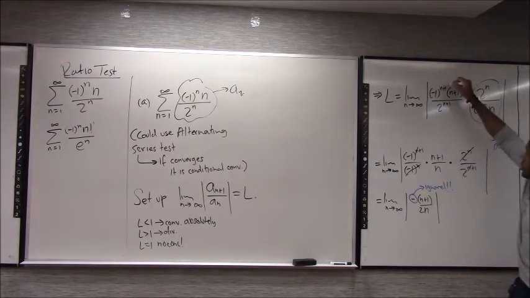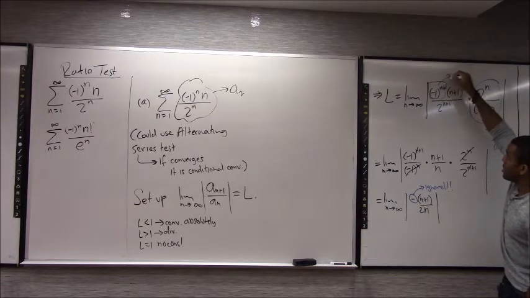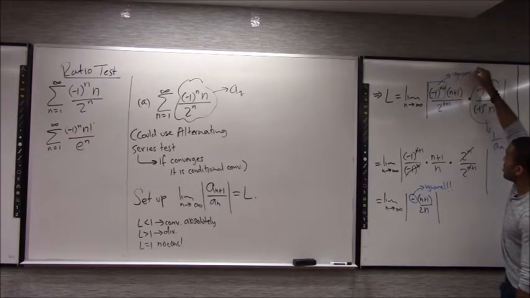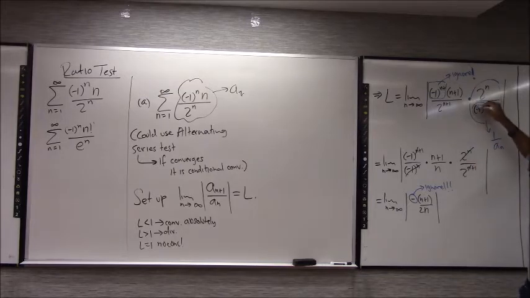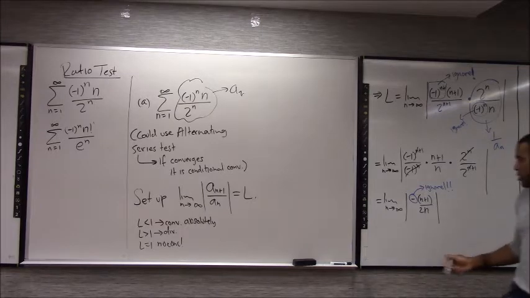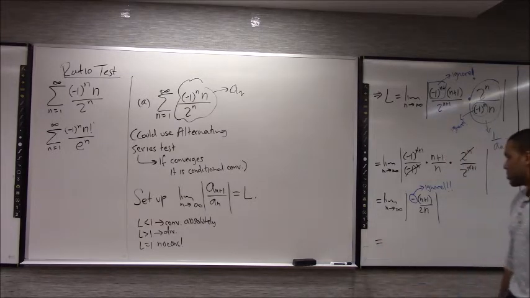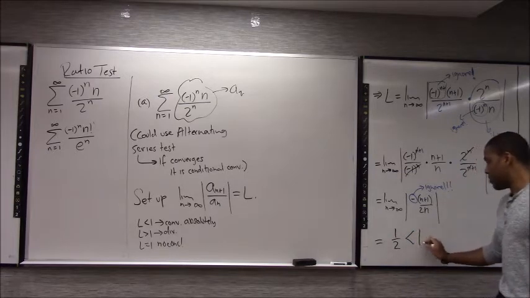So the truth is you could have ignored this part from the very beginning. You didn't need it. At the end of the day, the absolute values are going to kill whatever negatives are there. And now you just take this limit. Now what's that limit? It's 1/2. Now what you'll notice about 1/2 is it's less than 1.